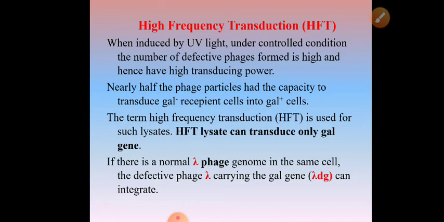It is called a high frequency transducing phage because the frequency is very high, as it has a helper lambda phage as well as the defective lambda phage. So it can bring about transduction at a very high frequency, and hence it is called a high frequency transducing lysate.